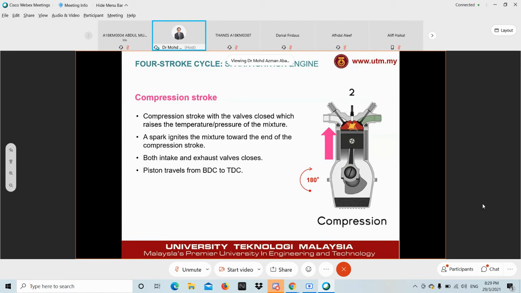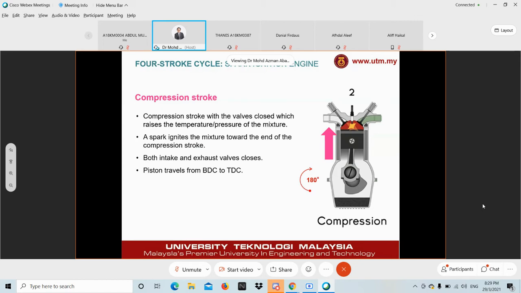most of the time the piston hasn't reached the TDC yet. So what happens if combustion happens before the piston reaches the TDC, while the piston is still on the way to the TDC?